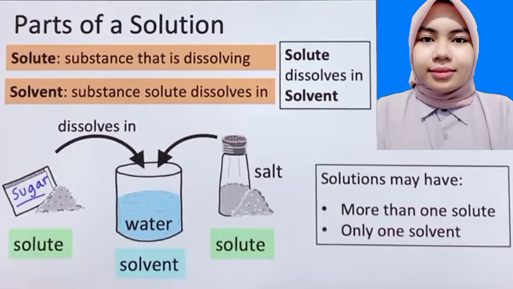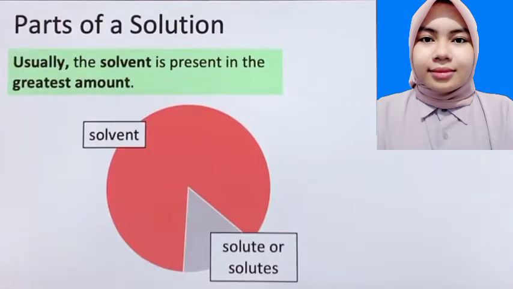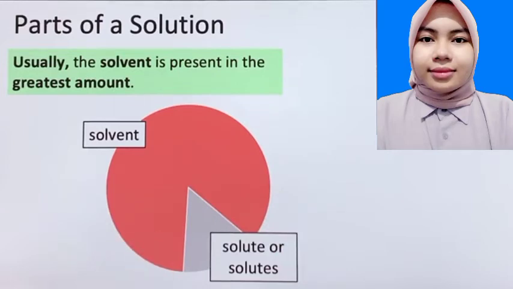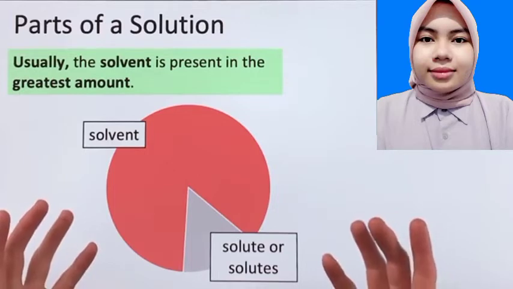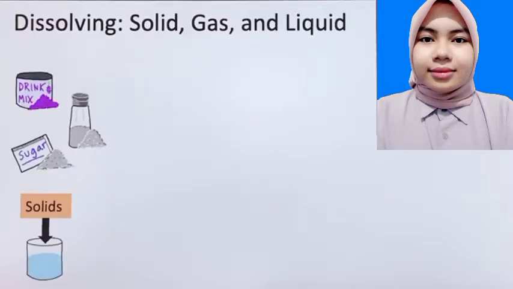The solvent is still just water, so solutes dissolve in the solvent. Now, to add a little bit more, the solvent is usually the substance that's present in the greatest amount, and the solute or solutes are what we have less of. But there are exceptions.